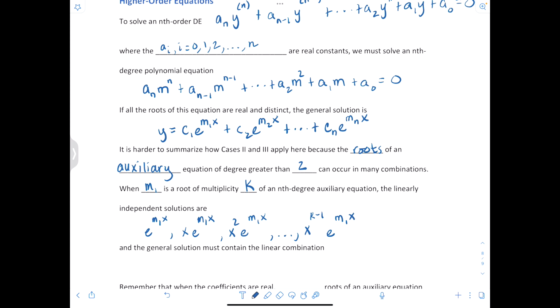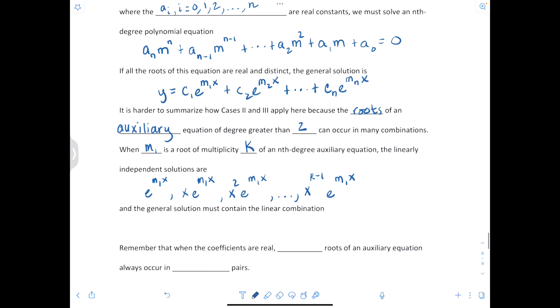Cool so far? And then the general solution has to contain the linear combination, so this is just the other side of y: c1 e to the m1 x, plus c2 x e to the m1 x, plus c3 x squared e to the m1 x, plus dot dot dot plus, and now you would get to c sub k.